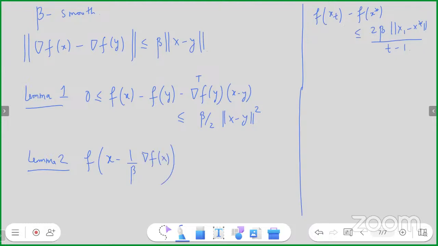If you apply this lemma by setting x equal to x minus 1 by beta gradient f of x and y equal to x, what will you get? This is the first term minus f of x. There will be lots of cancellations, and what you will end up getting is minus 1 by 2 beta times the norm of the gradient of f at x squared.